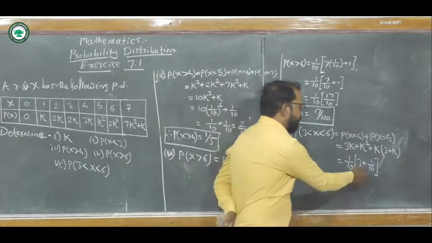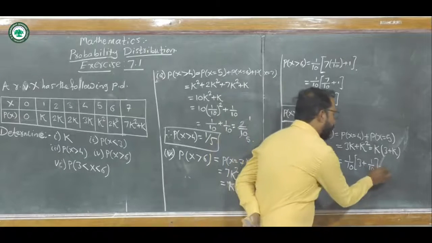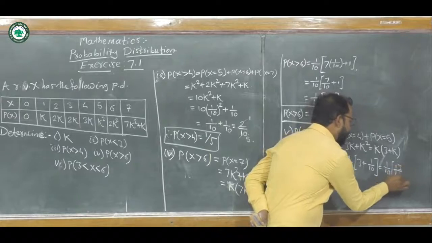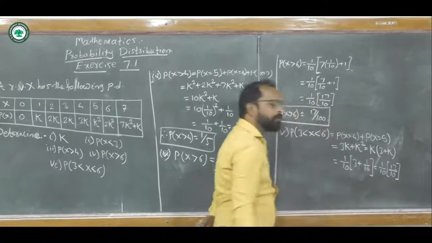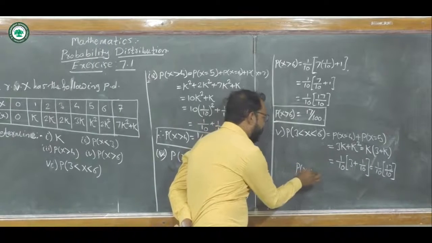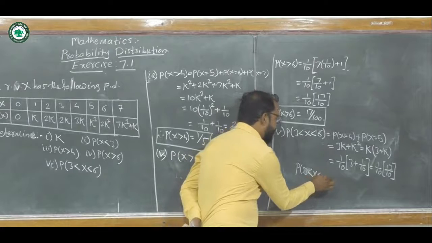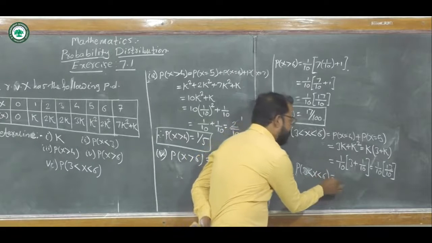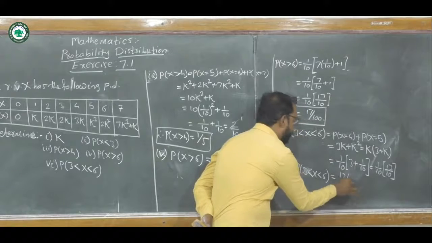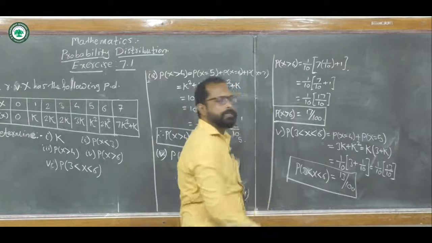Now again, if we make the cross multiplication and adding, it becomes 1 upon 10 into 13 upon 10. And so the final solution, the probability of 3 less than x less than 6, is equal to 13 by 100.